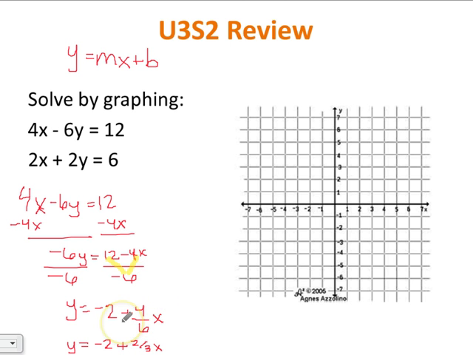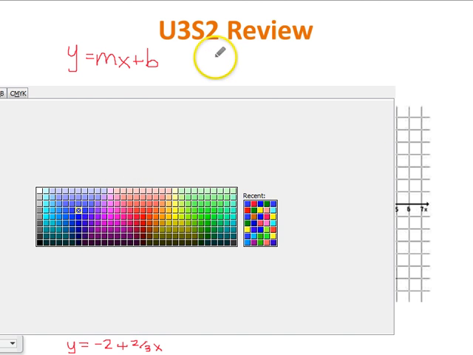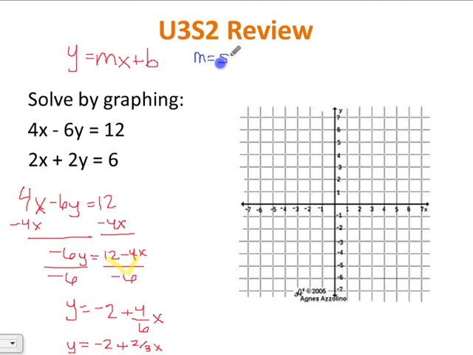So let's go ahead and graph this line since we've got it fresh on our mind. Once we have it in y equals mx plus b form, remember the m is always going to be your slope, and then that b will always be your y-intercept. That b represents the constant.